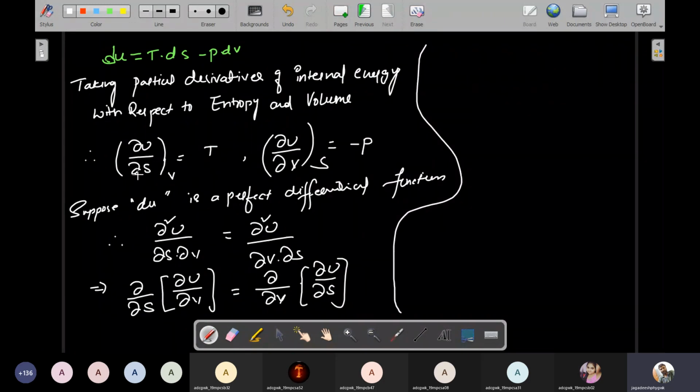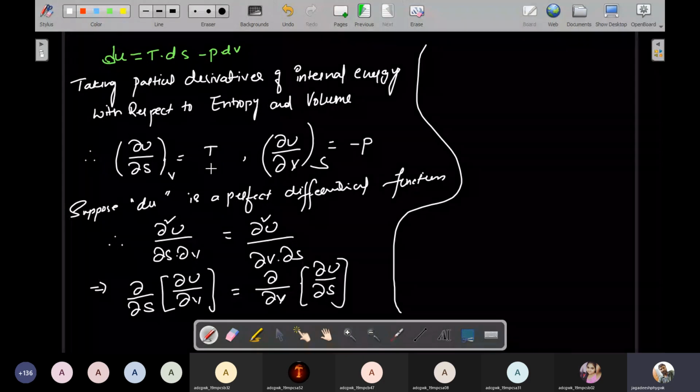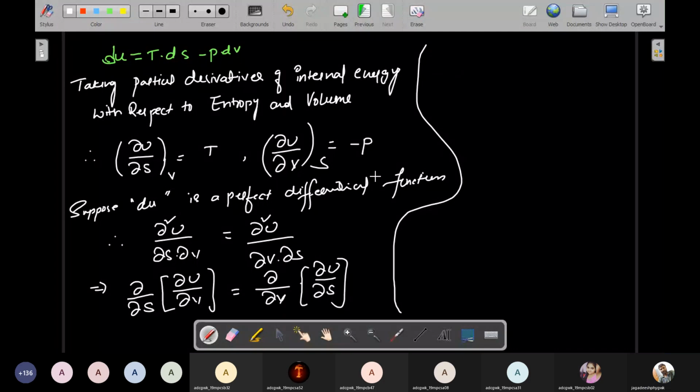Now I already proved that ∂u/∂v is equal to minus p, and ∂u/∂s is equal to T. So simply substitute.